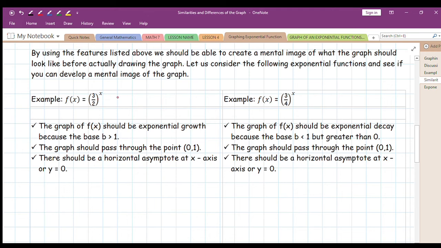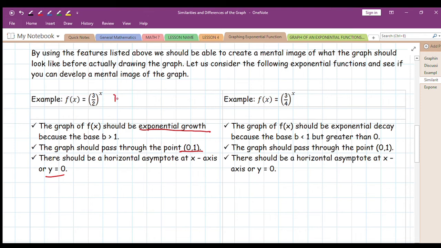If the base is greater than 1, it will have exponential growth. It will also pass through the point (0, 1), and there should be a horizontal asymptote at the x-axis, or y equals 0.